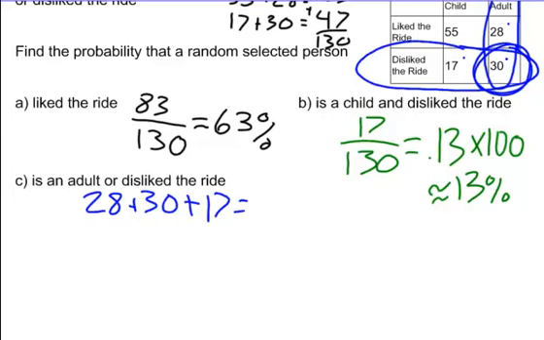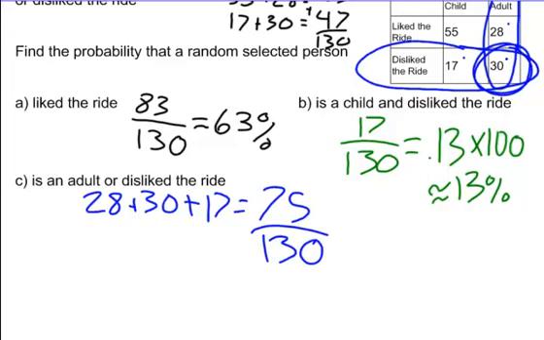And if we add that up, we get 75. We get 75 people who are an adult or a person that disliked the ride.